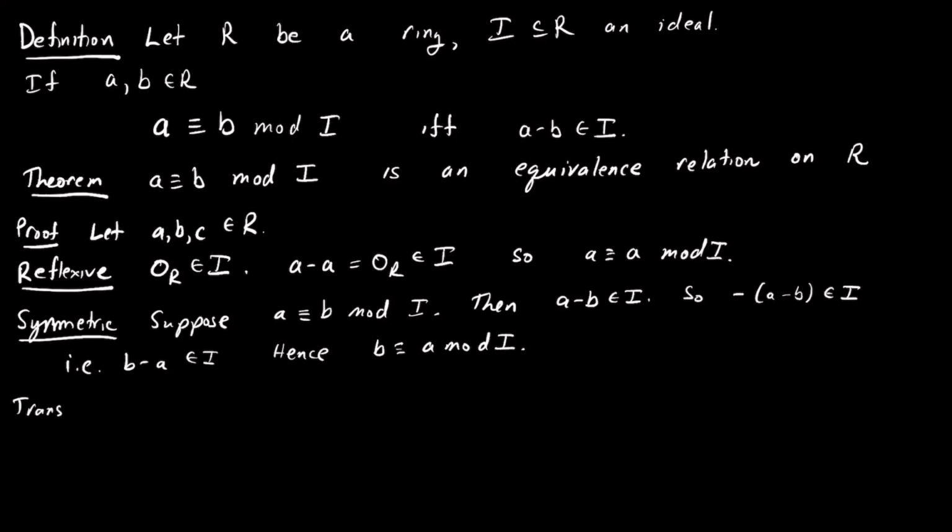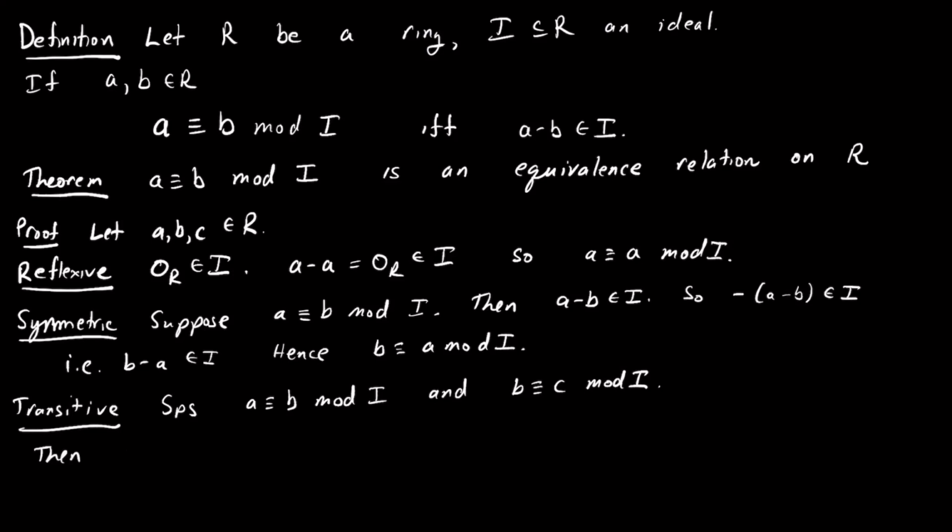And finally, we can show that this is transitive. So suppose that a is congruent to b mod I, and b is congruent to c mod I. And my goal is to show that a is congruent to c mod I. Well, let's use our definition.